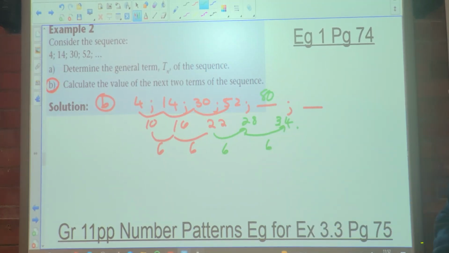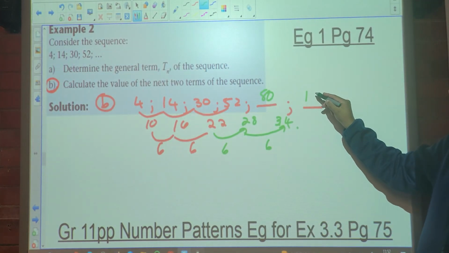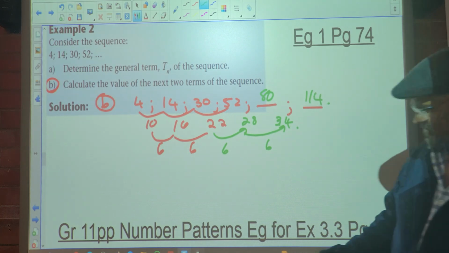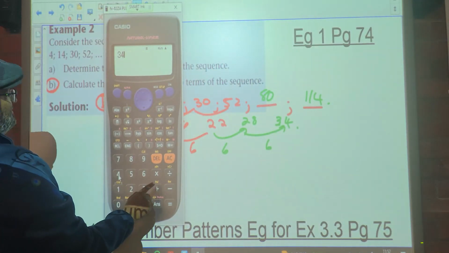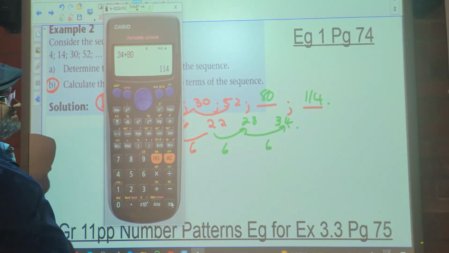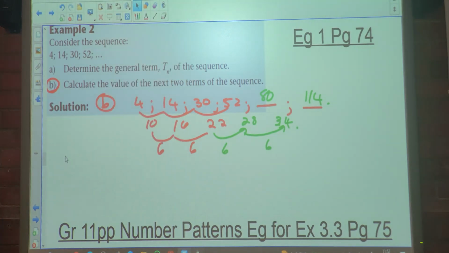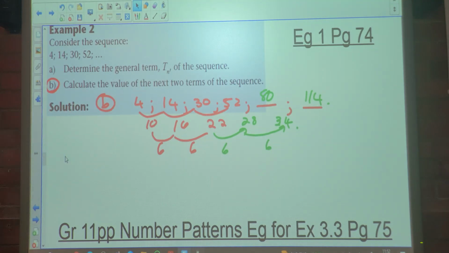No? Right. 80 plus 34? 114. Is that correct? Yes. Don't trust you guys. So there we got the next two terms. Not so?